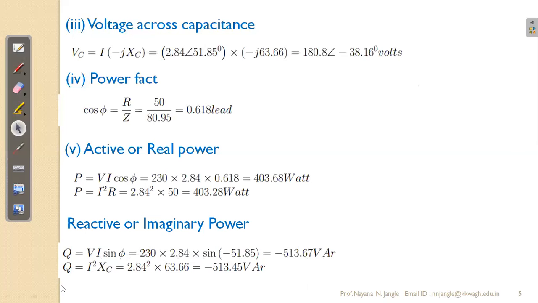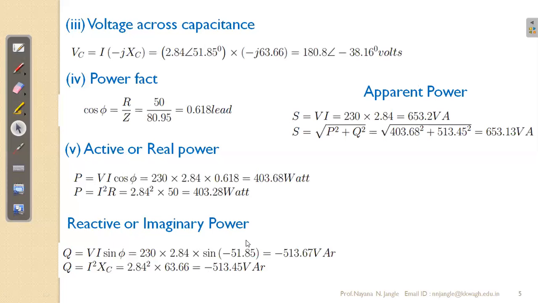Similarly, we can calculate the reactive power using the formula Q equal to I square XC. So 2.84 square into XC, which is 63.66, equals minus 513.45 VAR. So it is the same by both formulas.